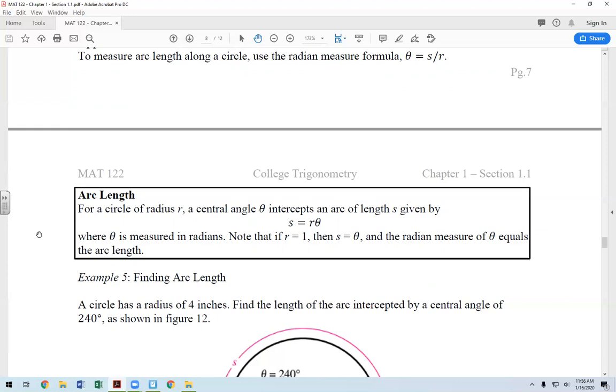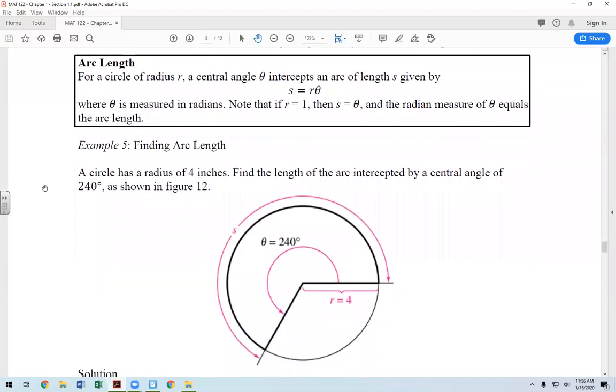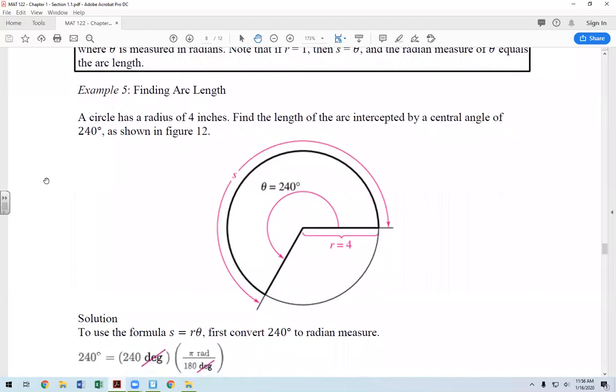It's these little things where we'll see a lot of errors happening. And again, keep in mind, if your radius is 1, that's when your s value is going to be equal to your radian measurement.